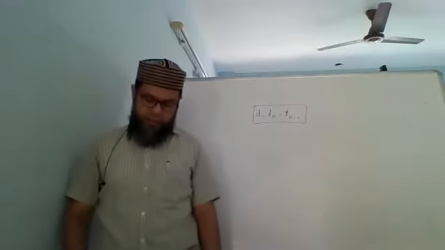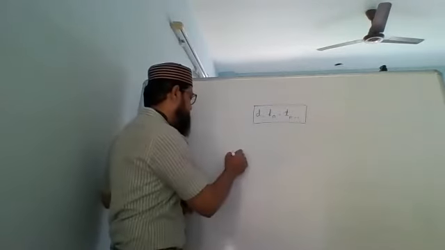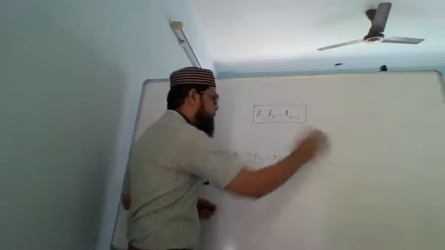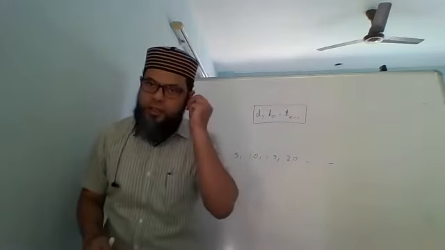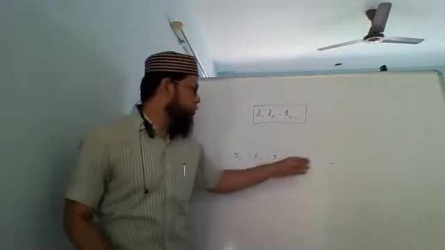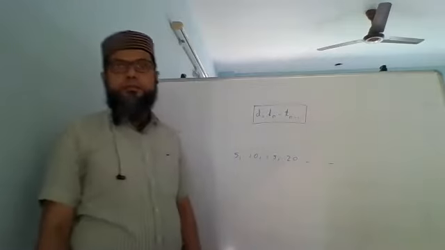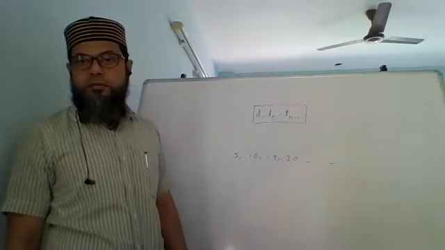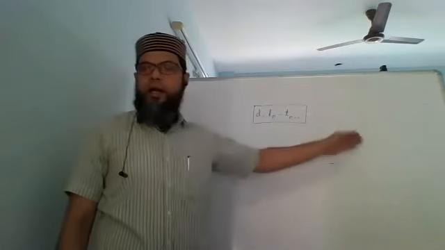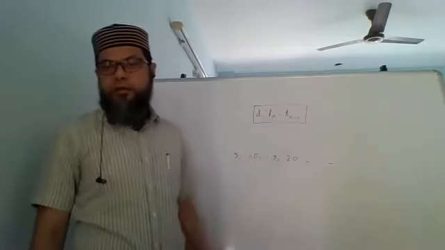If I ask you to find the next two terms, you will find out immediately, isn't it? 25 and 30. Doesn't take much time. But what if I ask for the 105th term? Of course, one simple way is to keep on writing T1, T2, and so on.